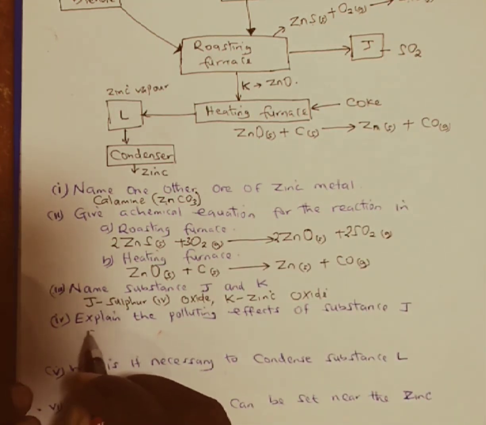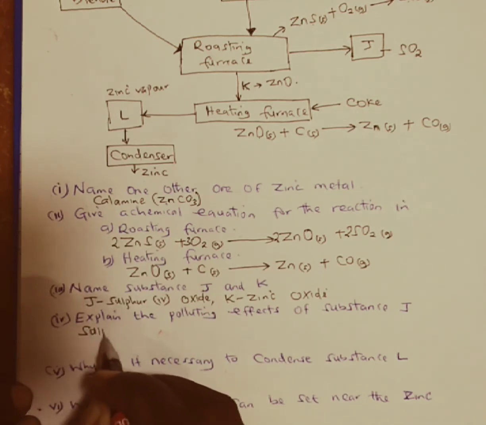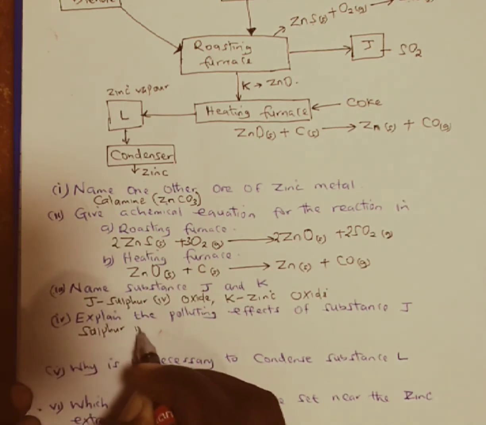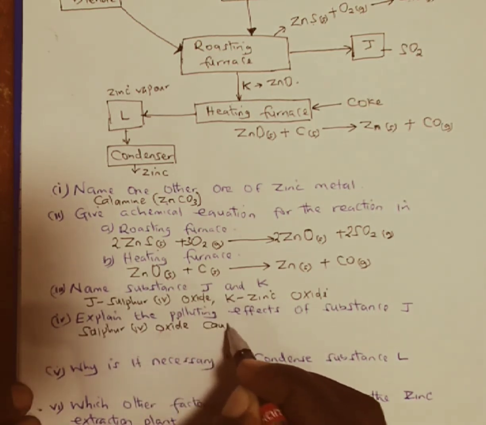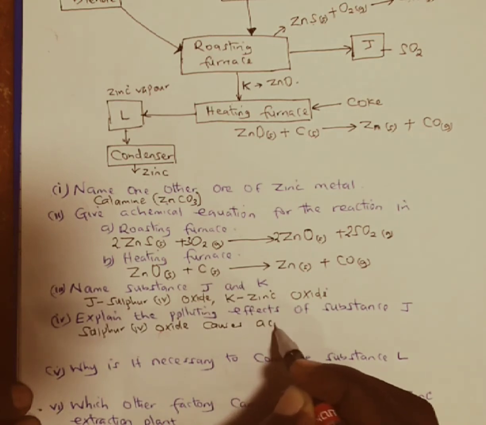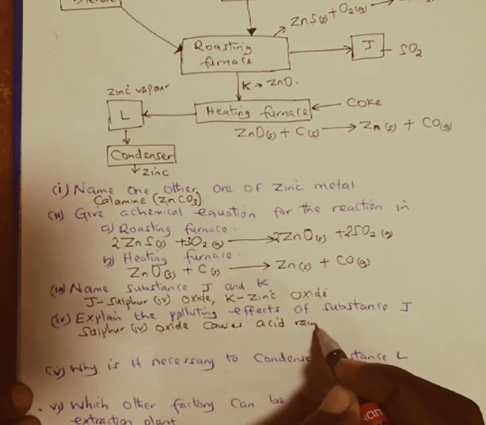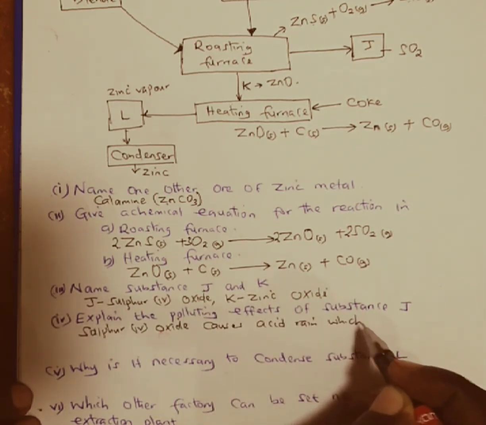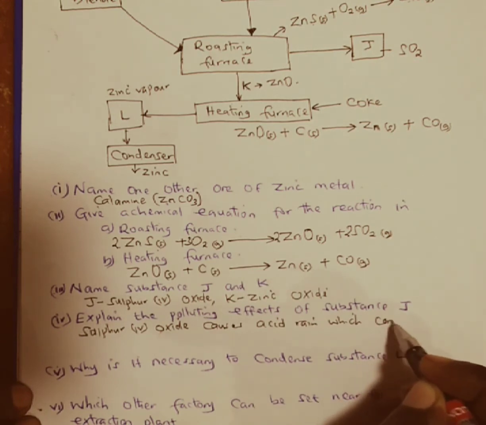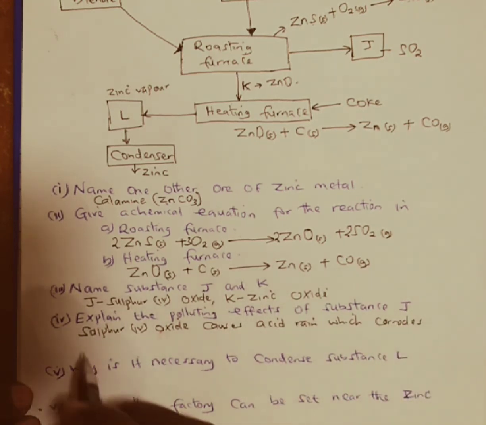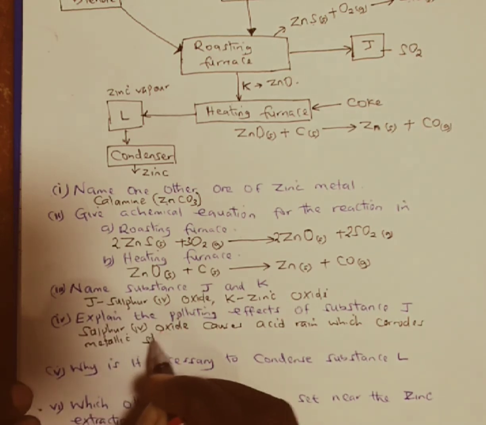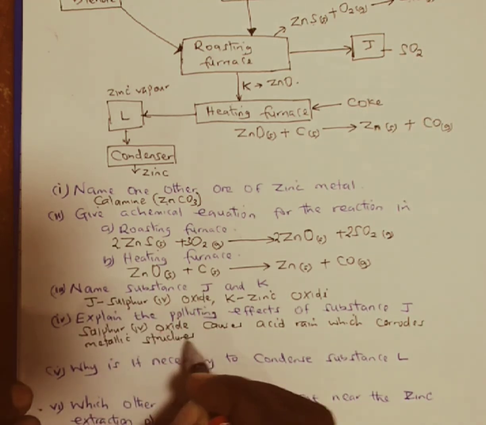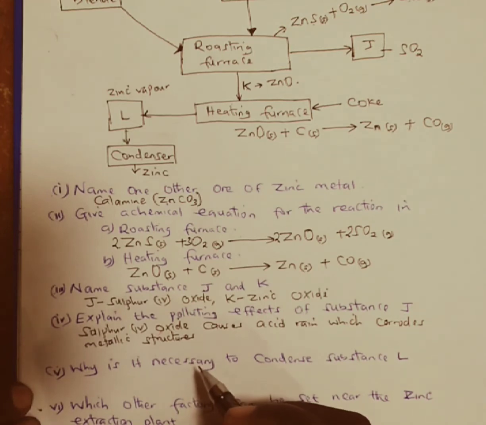So we can say substance J, which is sulfur 4 oxide, causes acid rain, which corrodes metallic structures. It erodes stonework.